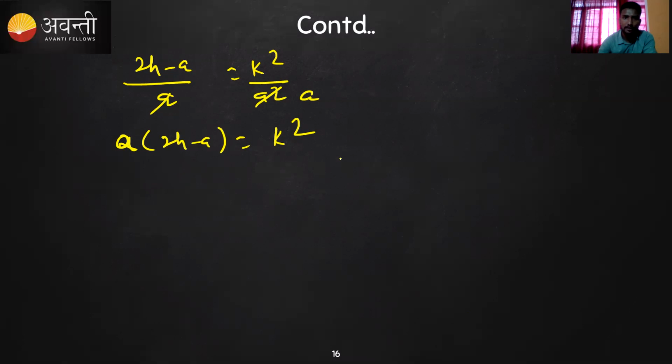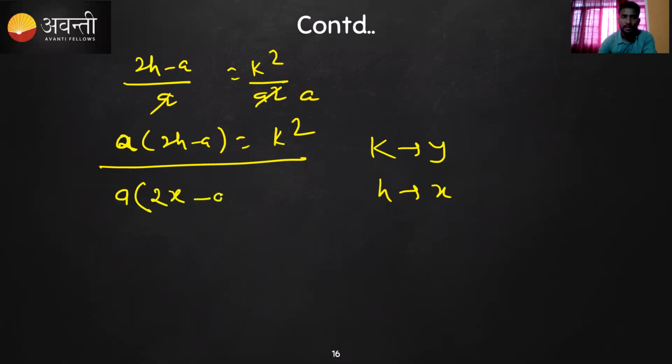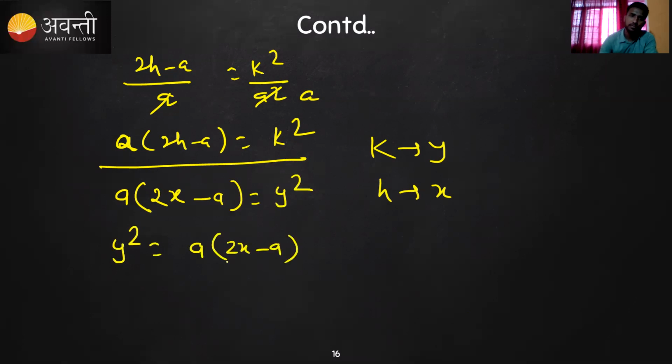You can also write, then now we will simply replace K with Y and H with X. So from here it will be 2 into (2X minus A) is equal to Y square. Also write Y square is equal to 2(2X minus A). Just remove this 4, you can take 4 as a common.